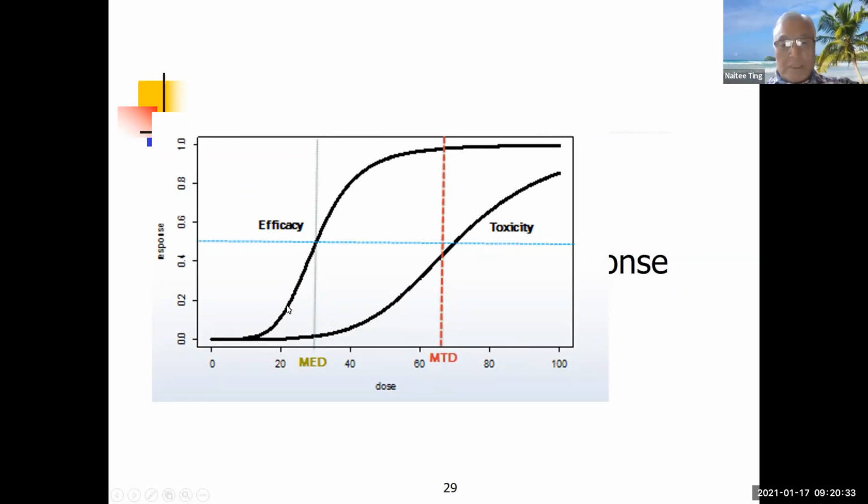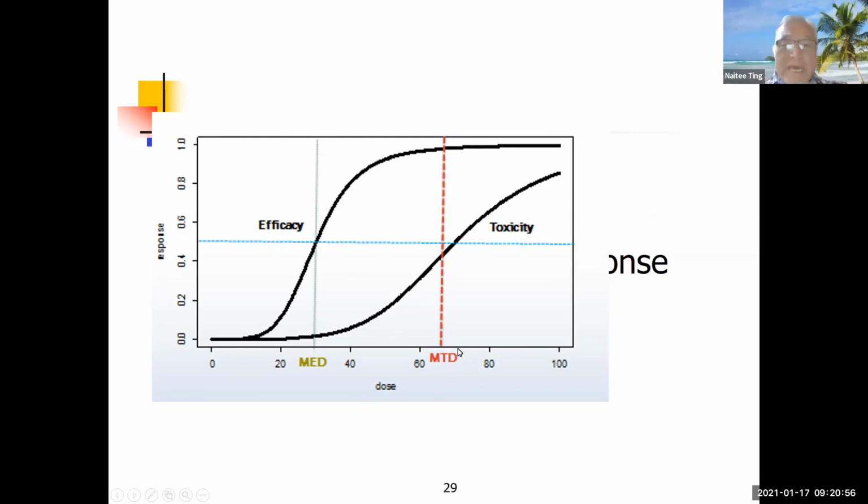ED80, ED20: the dose that delivers a certain percentage of efficacy. When the line intersects the toxicity curve, that dose we call TD50, the dose that delivers 50% of toxicity.